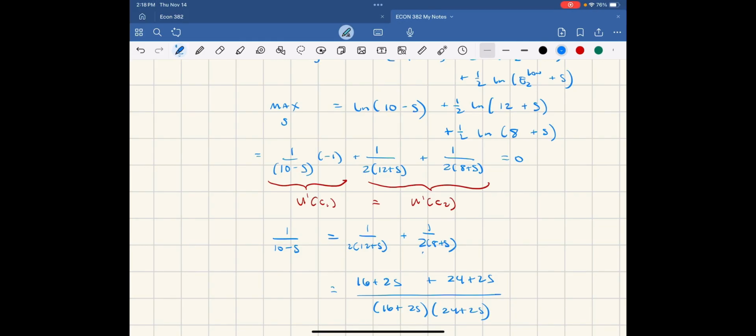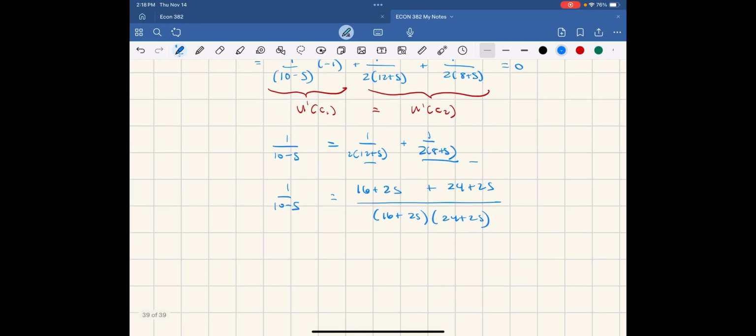So we get this number here and multiply it by this number, top and bottom, to get a common denominator. We get 1 over 10 minus S. Okay, now we multiply these out, so we can add these together and multiply that out. We get 16 plus 2S times 24 plus 2S is equal to 10 minus S times 40 plus 4S.